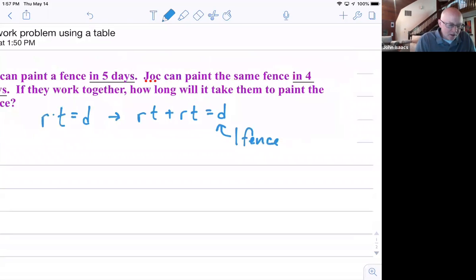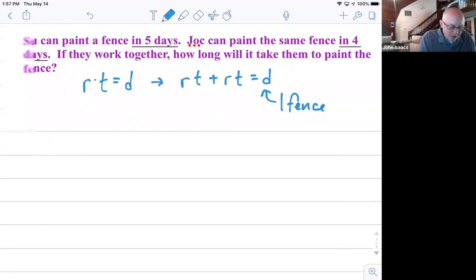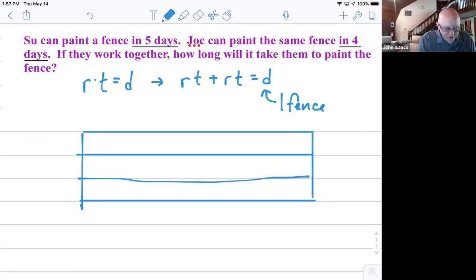All right, so let me make a chart, a table. In this table, I'm definitely going to do 3 rows today, 3 rows below the title.